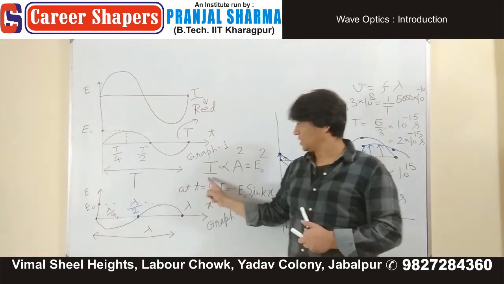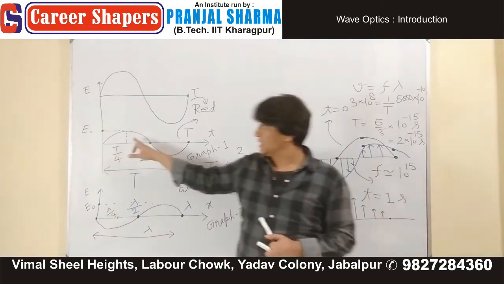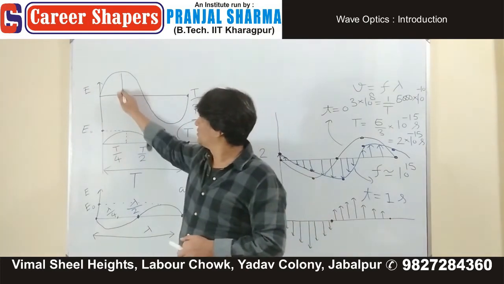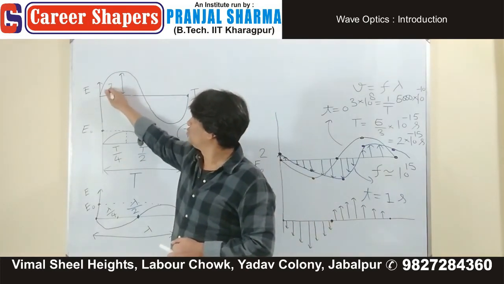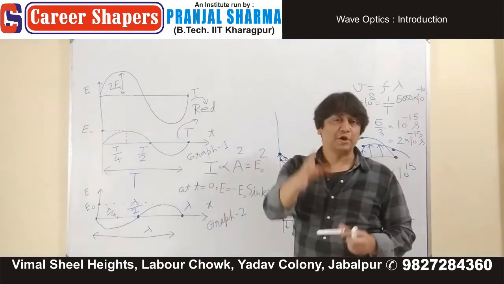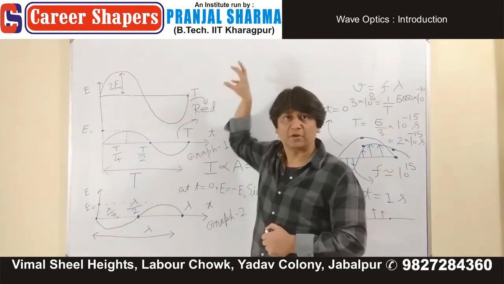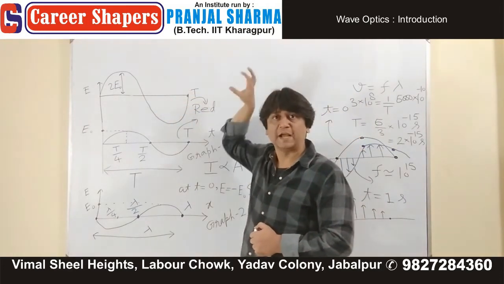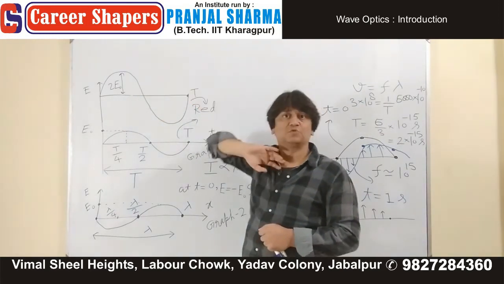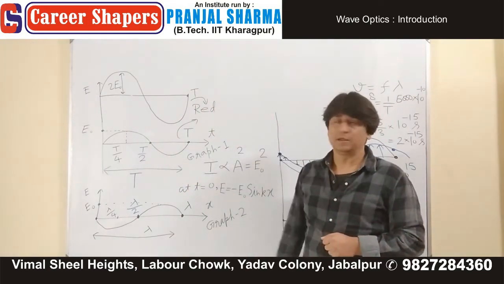But what is intensity? Proportional to amplitude square. Look at the amplitudes. Say this much is 2 E naught. Then your brain is going to say this is red, this is also red, but this is more intense red. The brightness of this red is much more compared to this red.